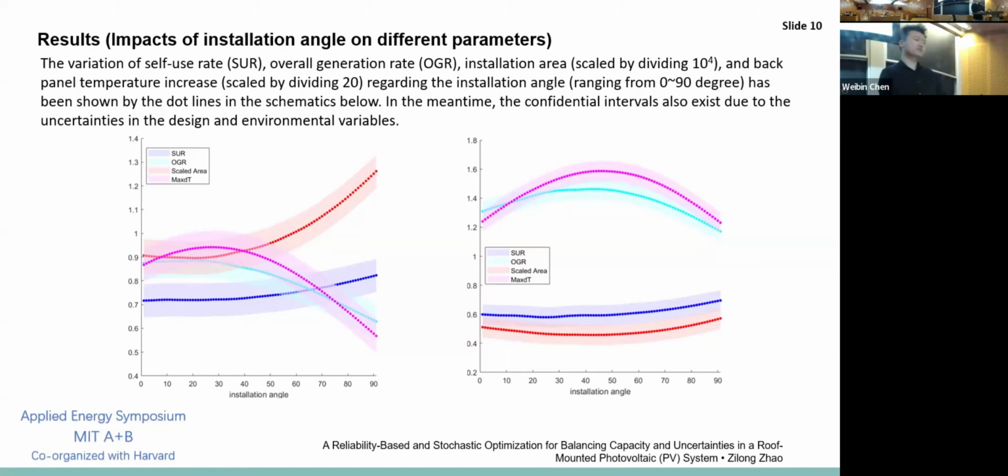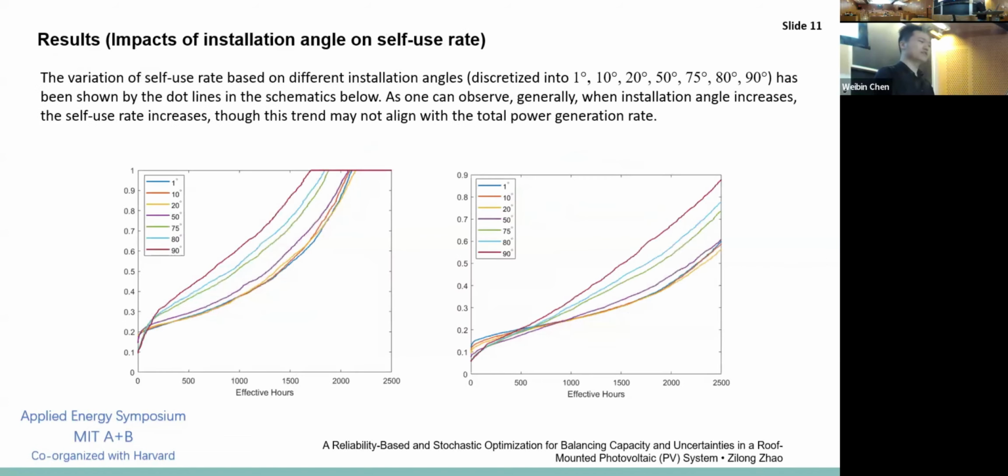The SUR is decreasing, but with a traditionally optimized installation angle like 25 degrees, the temperature at the back panel is higher, which also limits your optimization. These two figures represent the cases in Hangzhou and Minneapolis respectively.